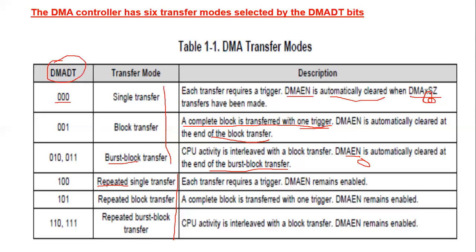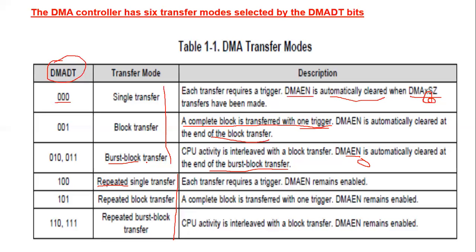Similarly, come to burst block. Burst block means here also a block transfer. In addition to that, the CPU will be utilized. Generally, in DMA operation, the CPU is not used, but in this mode the CPU operation is also used. That's why it is called burst block.